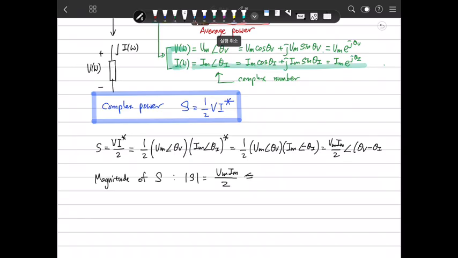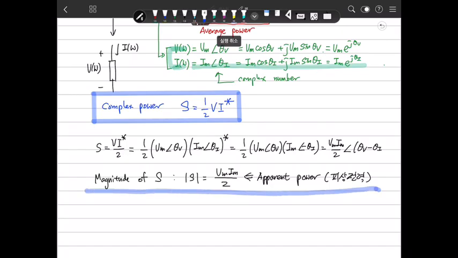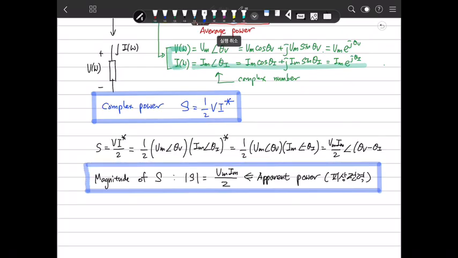We call this the apparent power. In Korean, it is 피상전력. This is another new definition of power. In Korean, the complex power is 복소 전력.